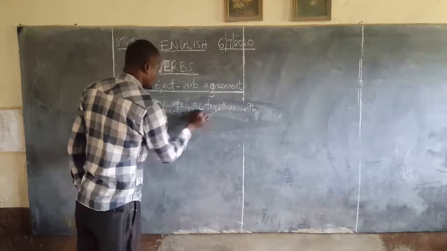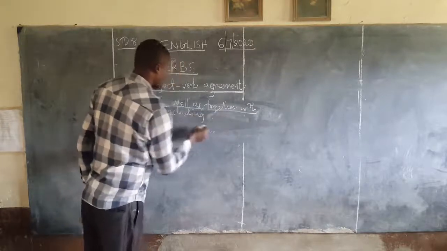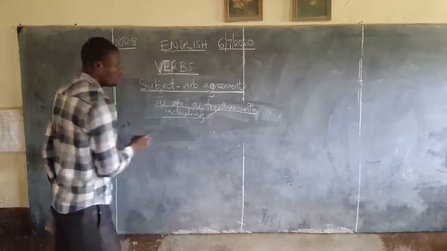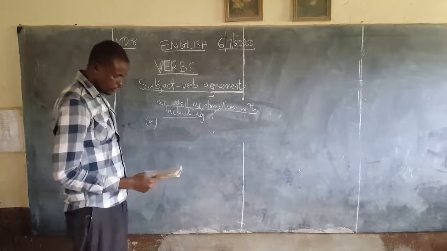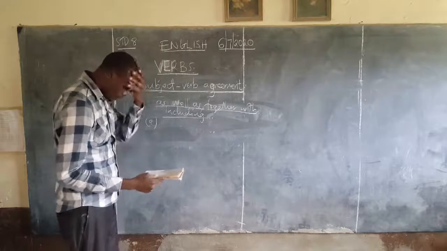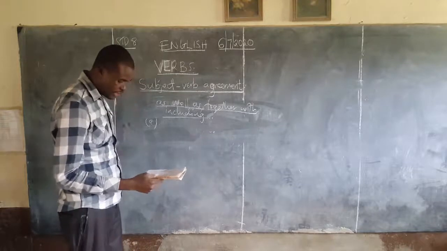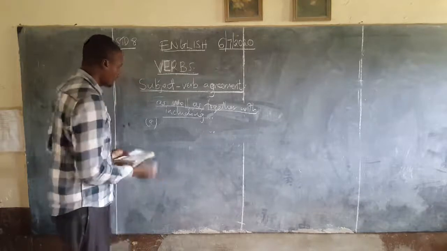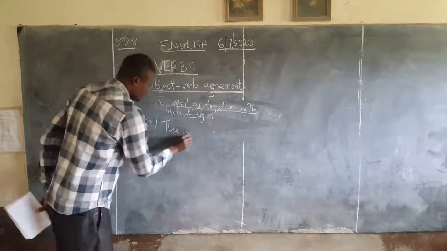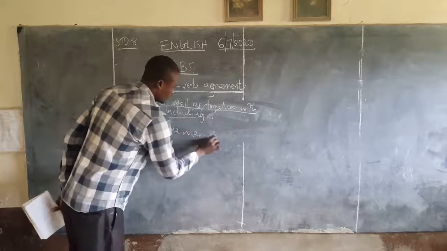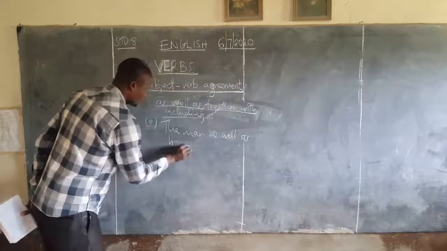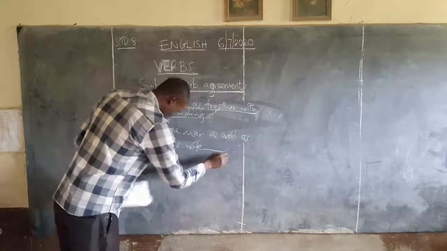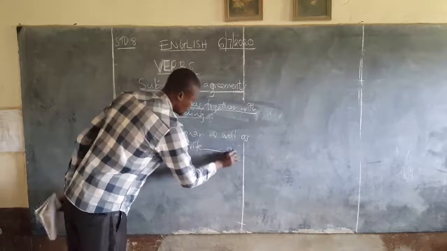So as well as, together with, and including, those three. So example A, you can talk of the man as well as his wife. The man as well as his wife, dash, gone out.